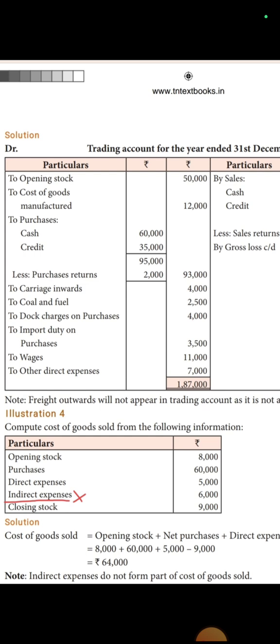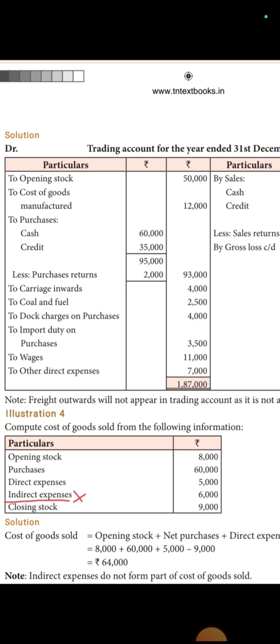Say for example, we have 2 lakh rupees worth of goods in our hand. From that we have sold 1 lakh rupees worth of goods. That 1 lakh rupees worth of goods is the cost of goods sold.